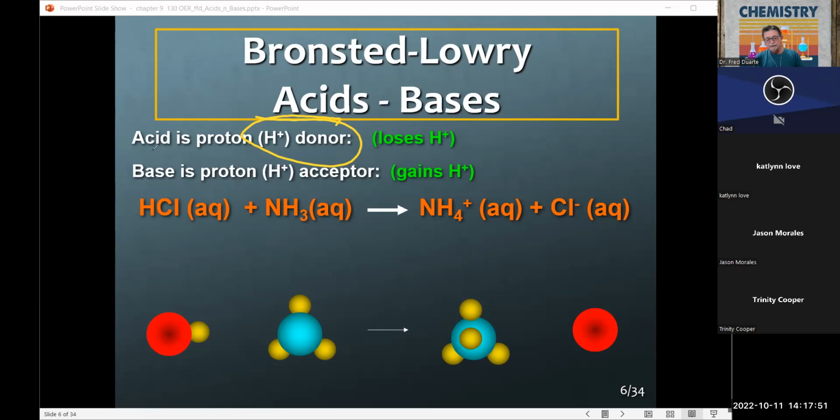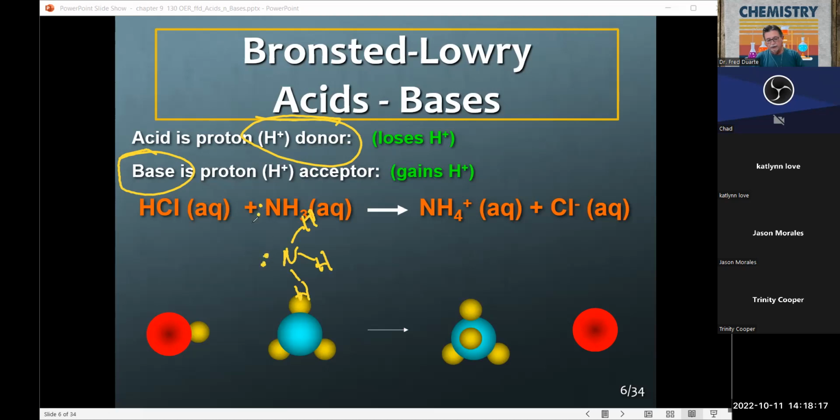And the base, this is where they differ. The base is any chemical that will accept that proton and bond with it. If you recall, when we did the Lewis dot structure for ammonia, remember that? Ammonia had a lone pair of electrons on there.